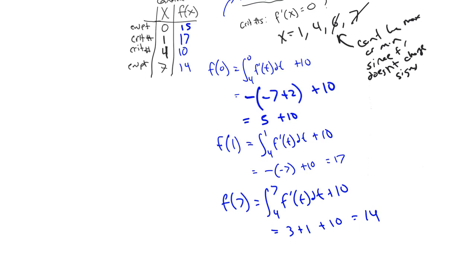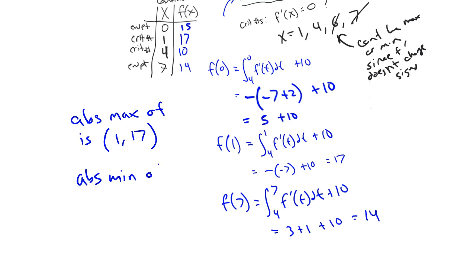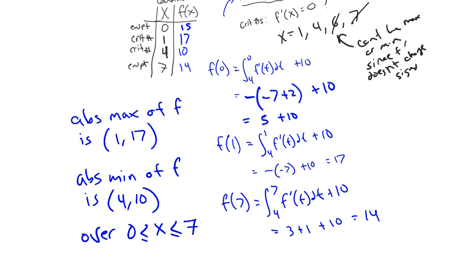So we can say that we have an absolute maximum of f is 17 at x equals 1, and an absolute minimum of f is 10, so 4 comma 10, over the interval 0 is less than x is less than 7.